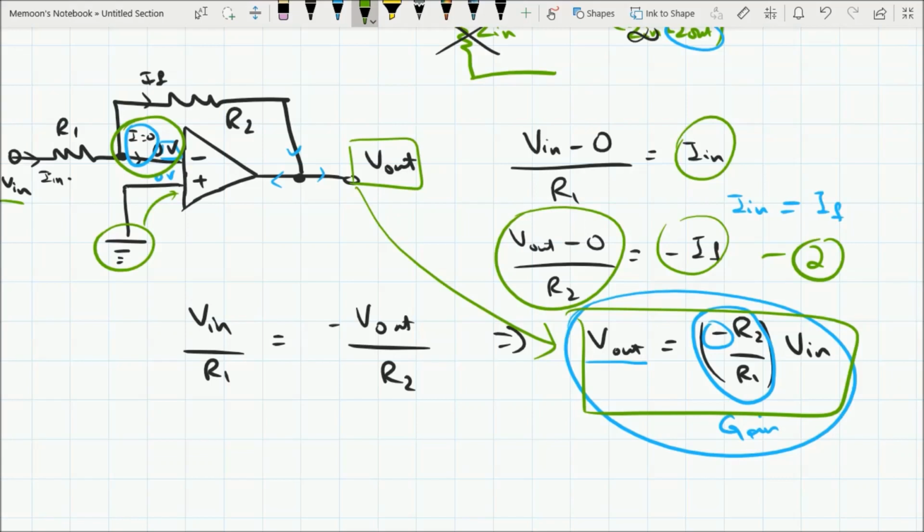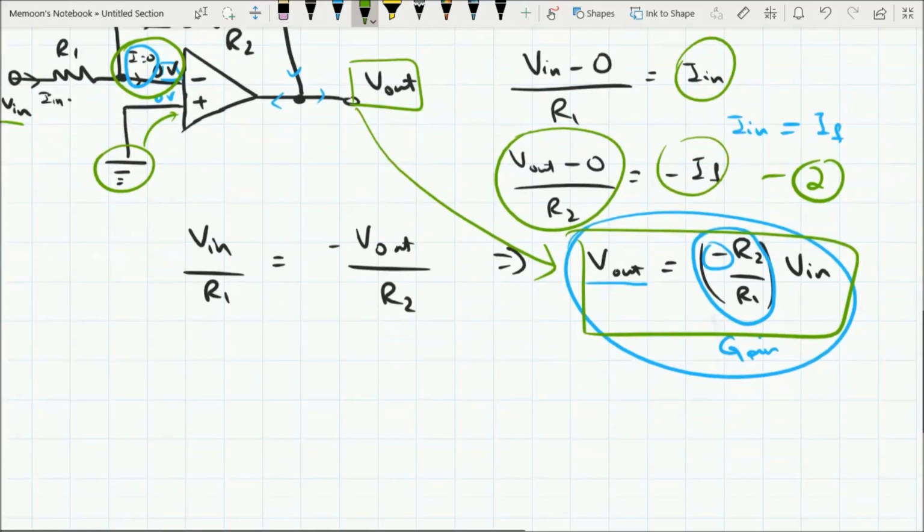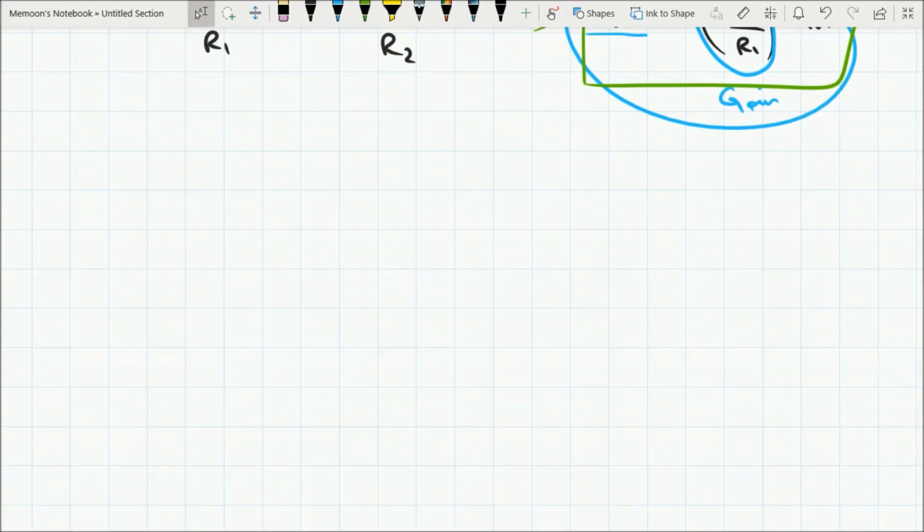So let's do an example and see what happens if we choose unrealistic values in an operational amplifier circuit. Let's say we want to give a gain of negative 4.5 to any input that is coming to the inverting input of the operational amplifier. We want to multiply it with a gain of 4.5.